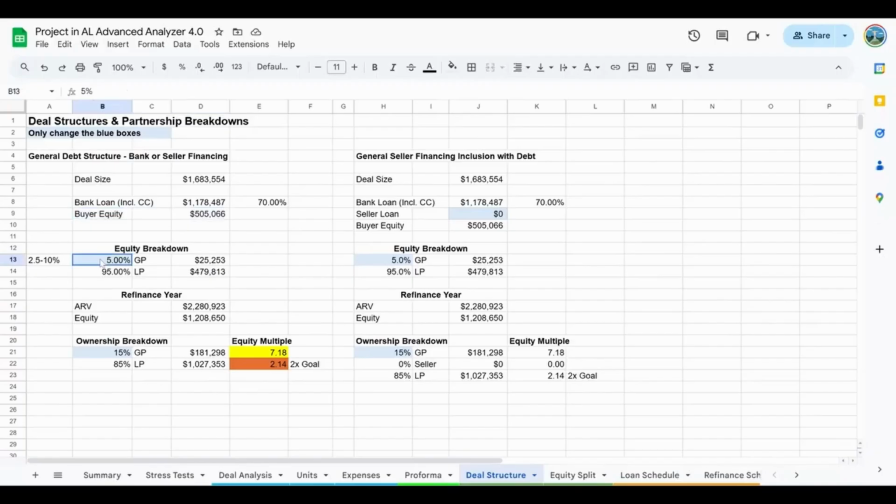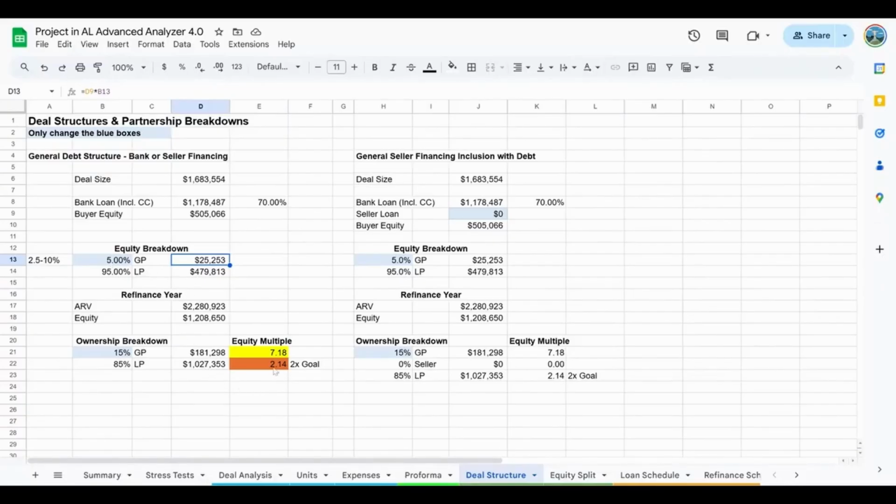So right now we have a structure of the general partners will put in 5% or $25,000. And the remaining amount is going to be 95% to the limited partners.